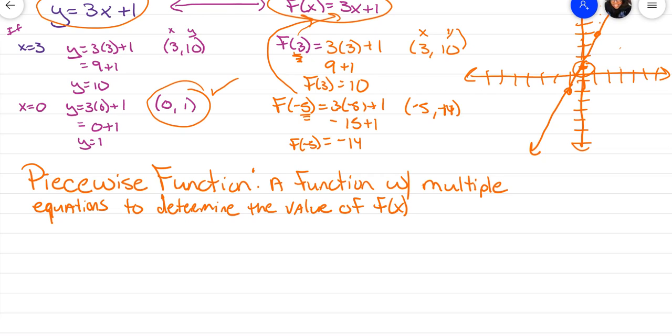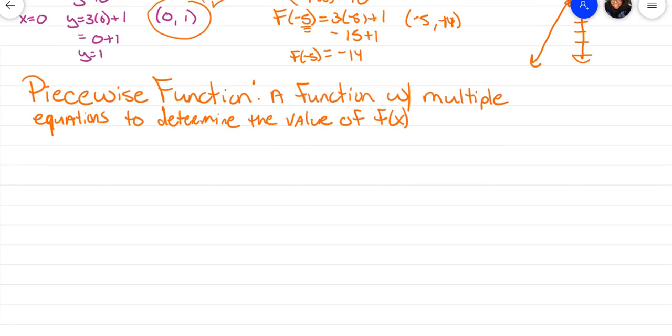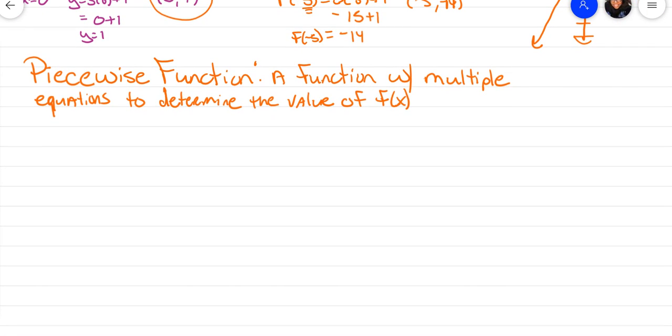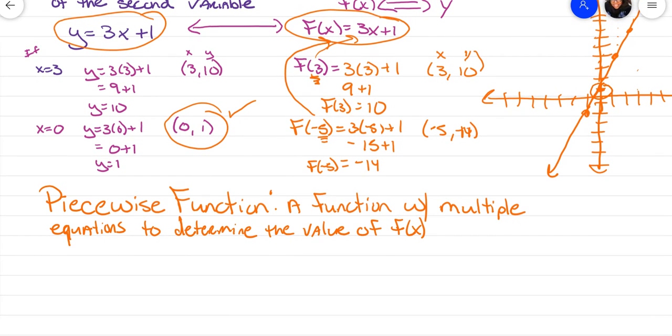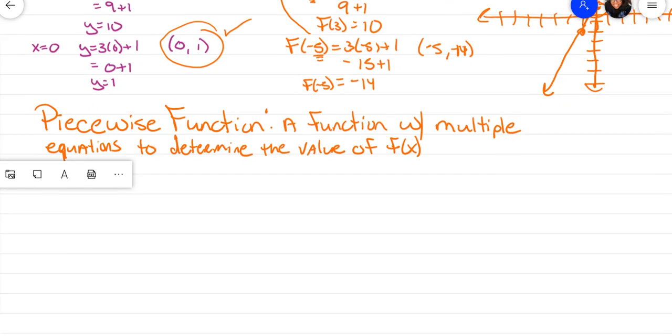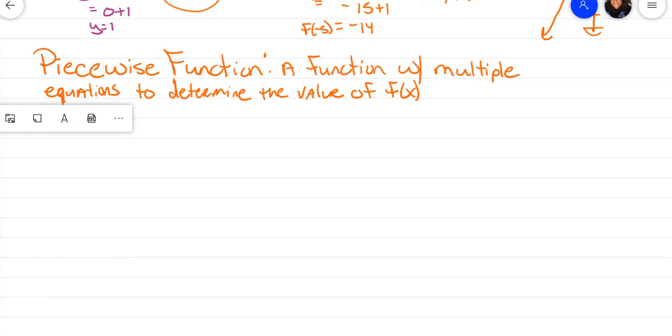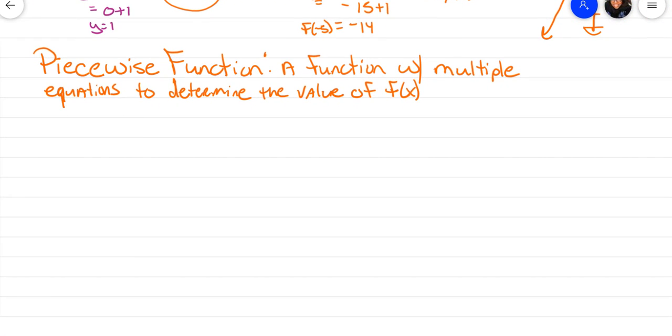F of x is again y. Nothing crazy there. So what's going to be different about a piecewise function, or what's going to make this harder from Algebra 1? This function up here is an example of a normal function. A piecewise function has multiple equations to determine the value of f of x.